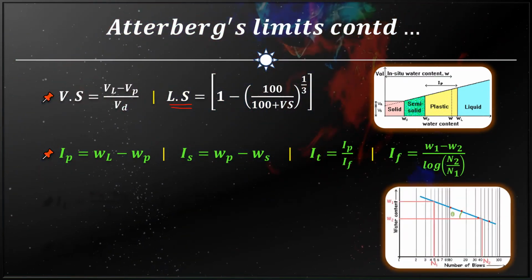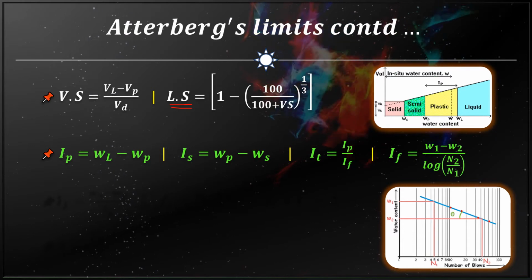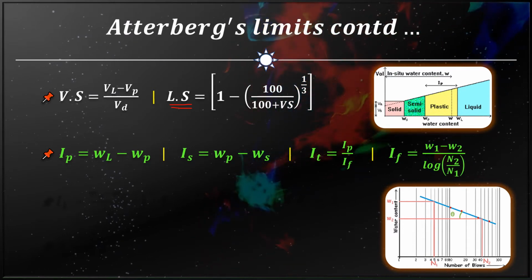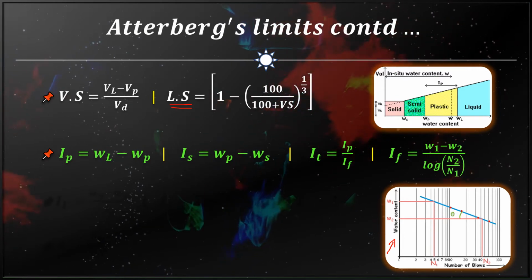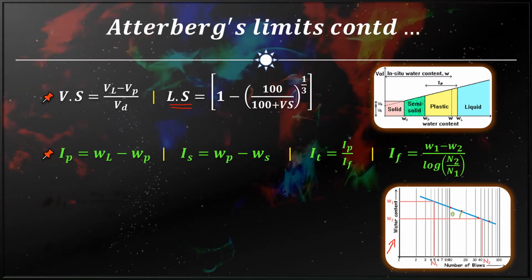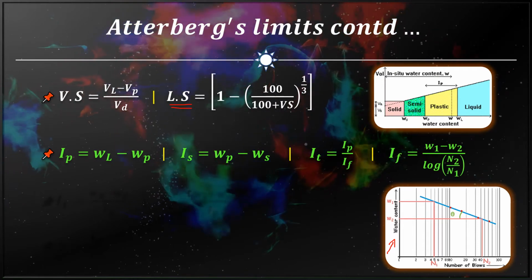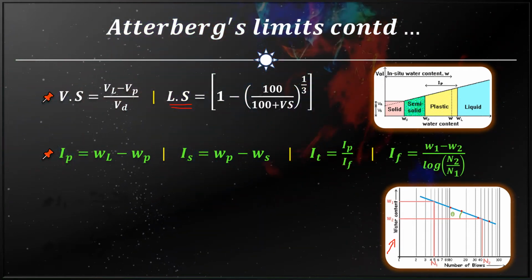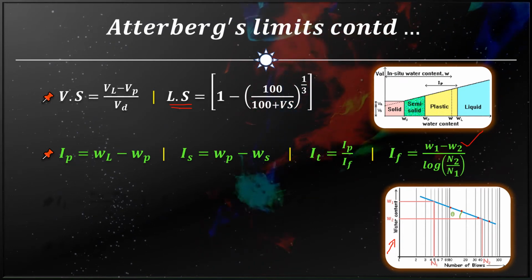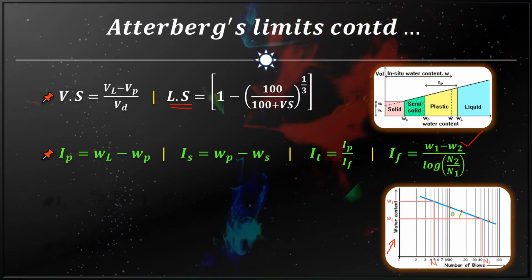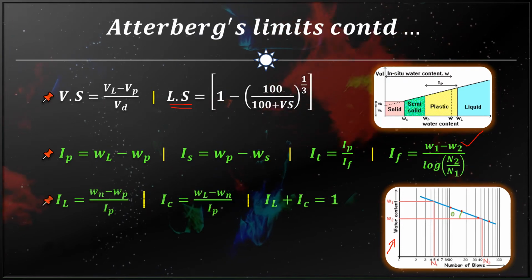And flow index is given by the ratio of the difference between water contents to the corresponding blows. You can see here in this graph, that is the graph of water content versus number of blows. This is a semi-log graph, so that's why it is (WL minus W2) divided by log of N2 by N1. This is how we have to calculate the flow index.